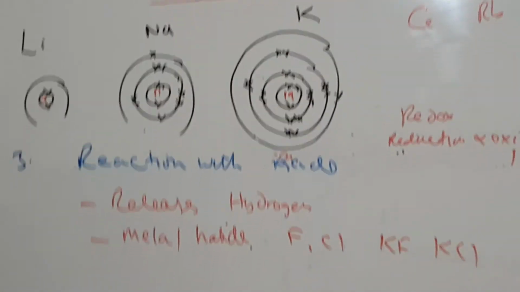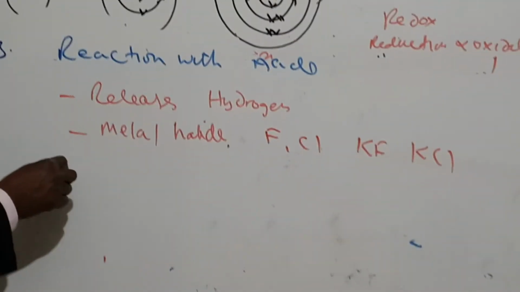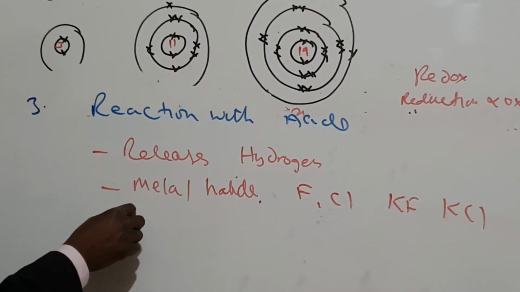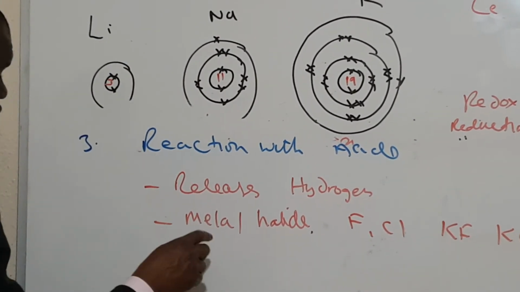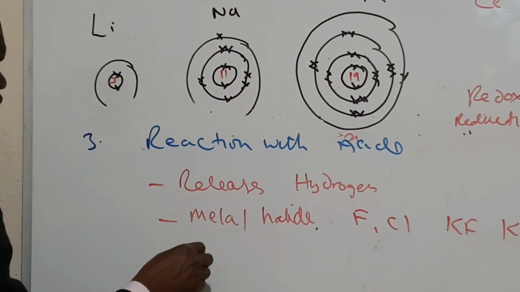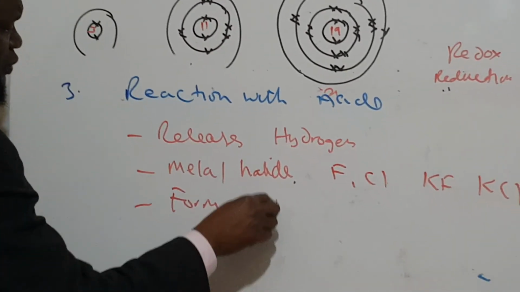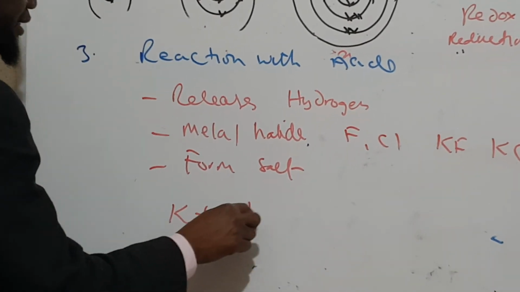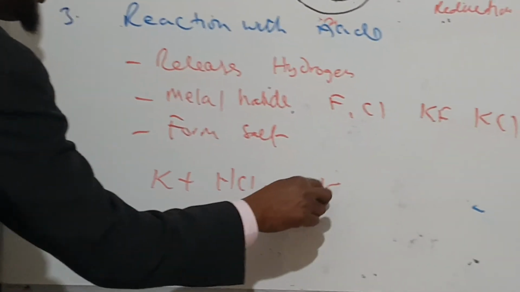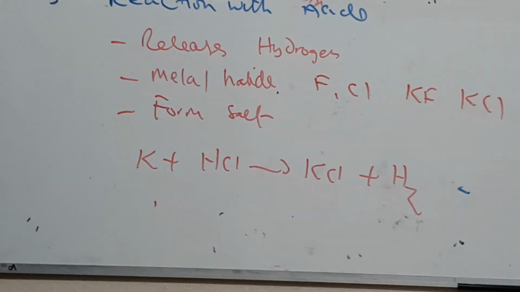And they form a salt. An example is potassium plus hydrochloric acid gives you potassium chloride plus hydrogen. Is it balanced?